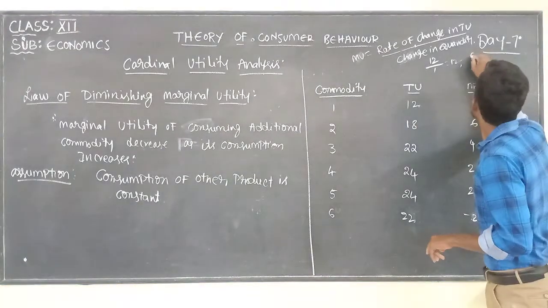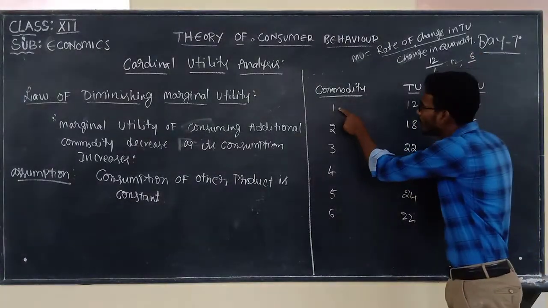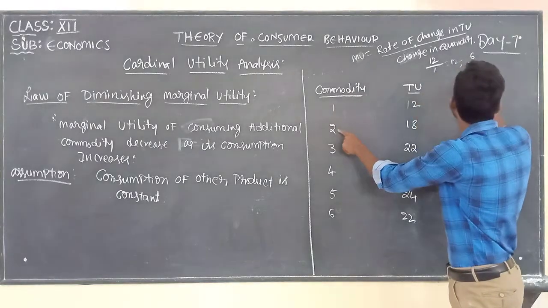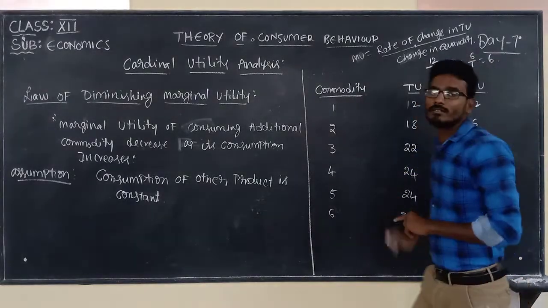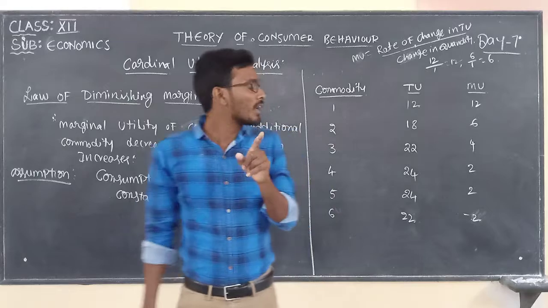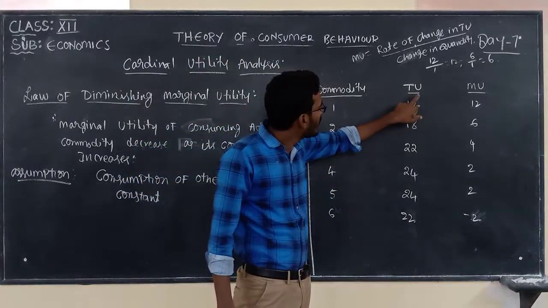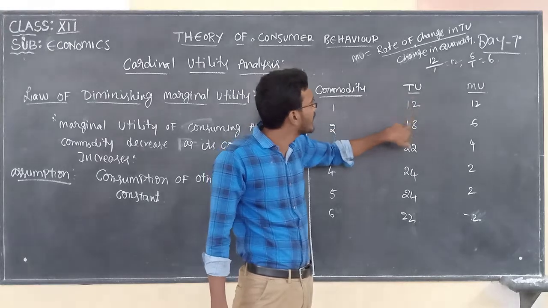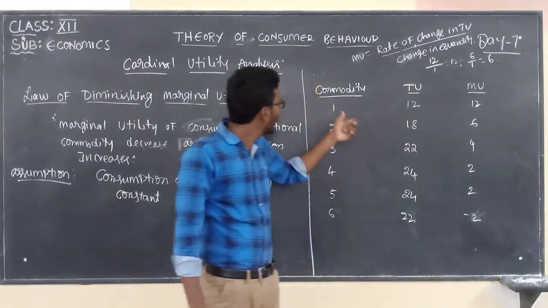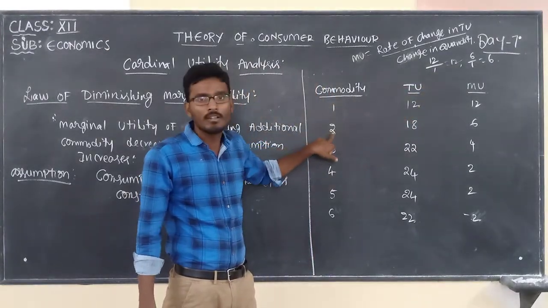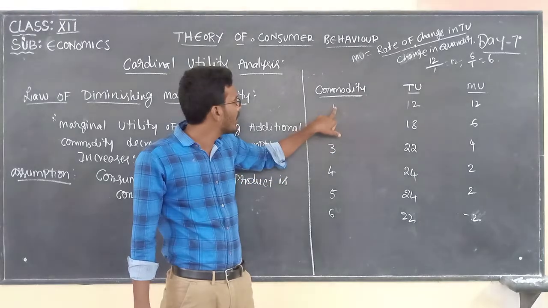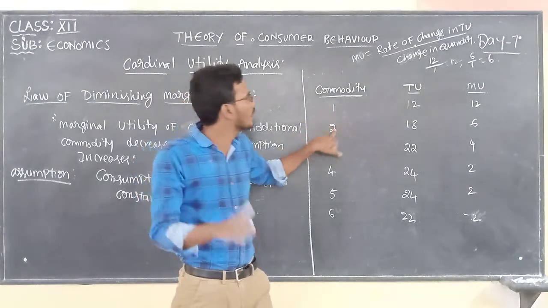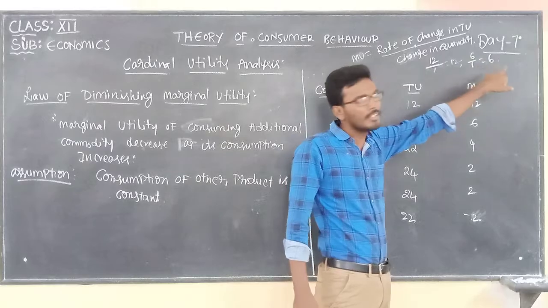And how many products changed? 1 to 2, that is 1. So 6 by 1, that is 6.